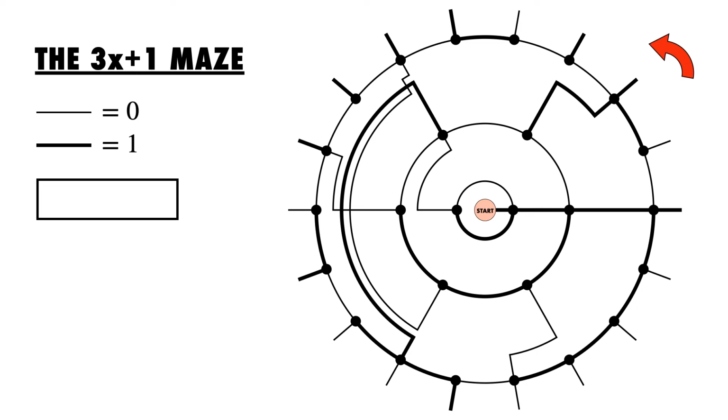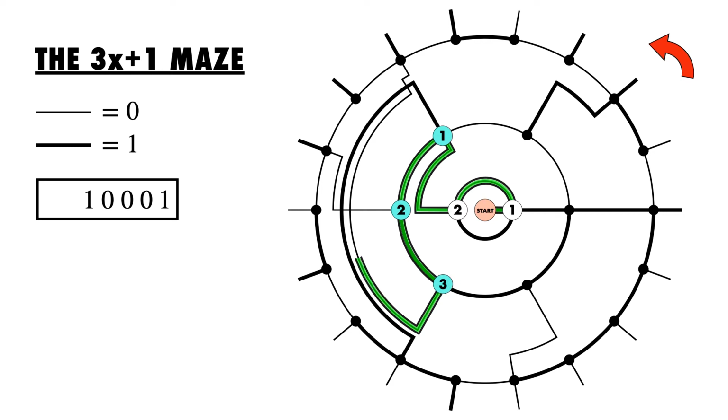So let's show the same example again. We start in the center, first a thick path to get to the first circle, then a thin path, then a thin path going to the second circle, thin path, thick path, so a 1, and then a thin path, so a 0. And then in the third circle we directly leave on a thick path, so that's a 1.